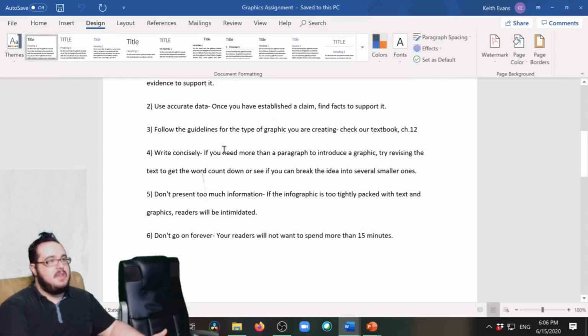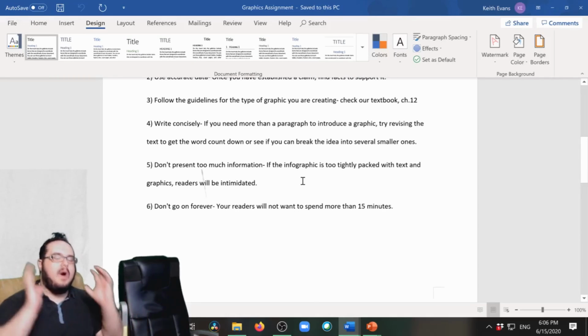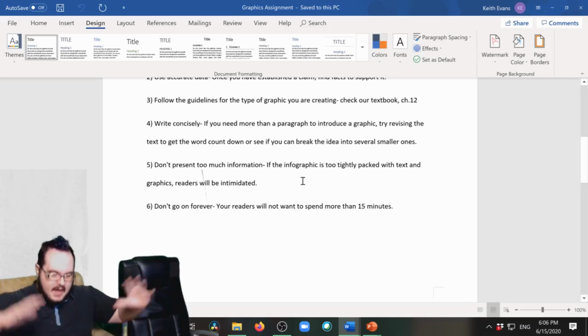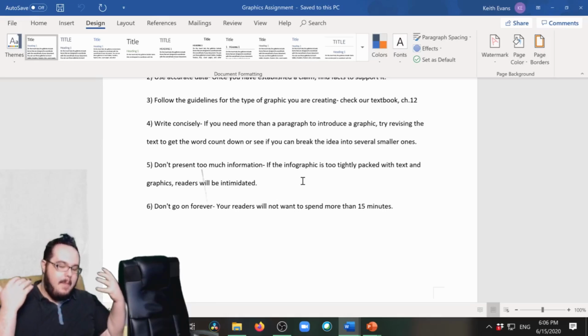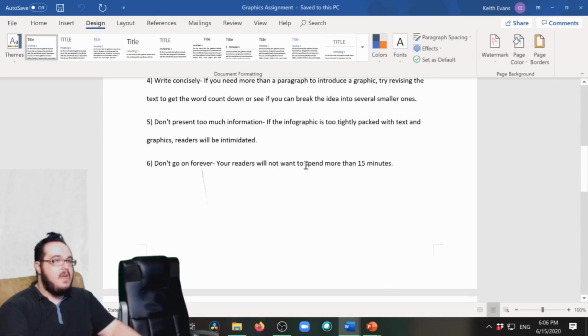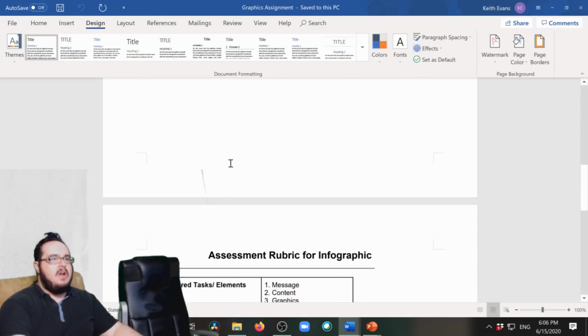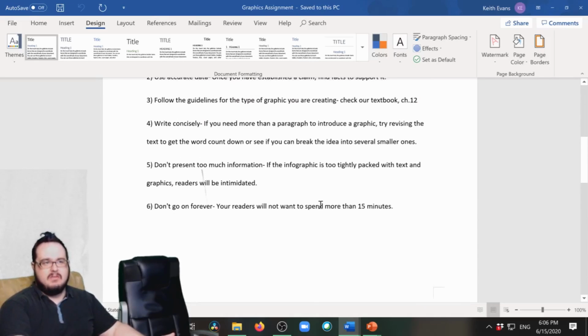Don't spread yourself too thin. Don't put too much information in your graphic. Remember, you want to take one simple message or one major idea and codify that into one image. Don't try to put too many different images all at once. It's going to make the graphic really, really user unfriendly. And also, don't go on forever. Like I said, you need a paragraph. You don't need a full 2 or 3 pages to explain this graphic.